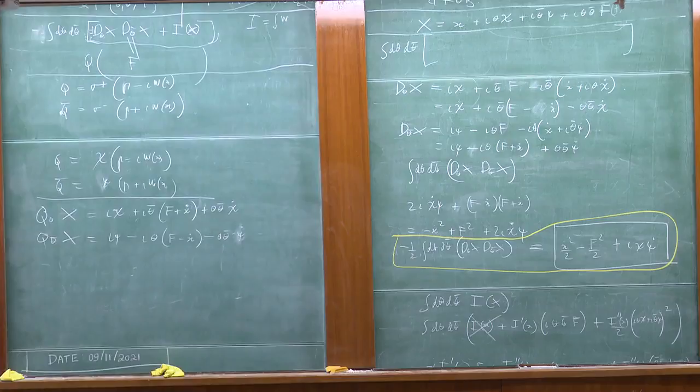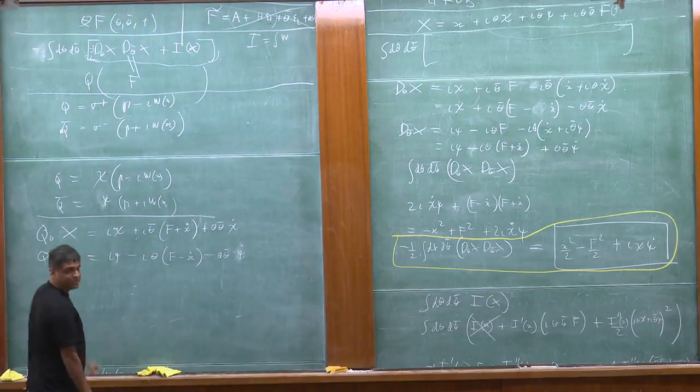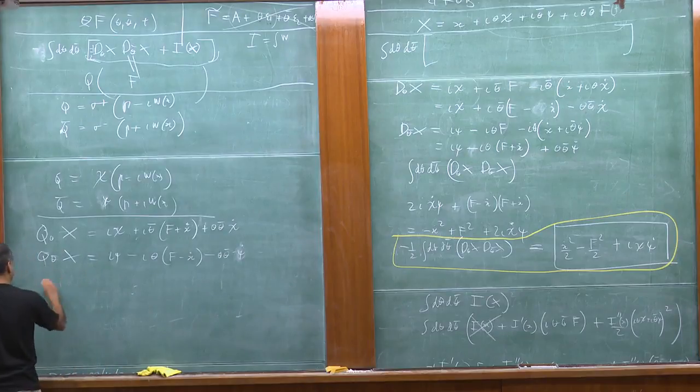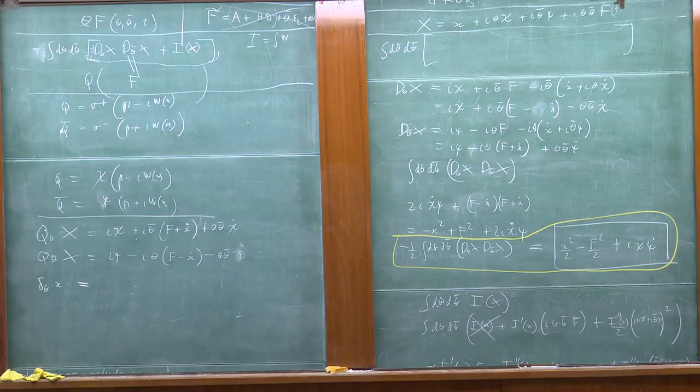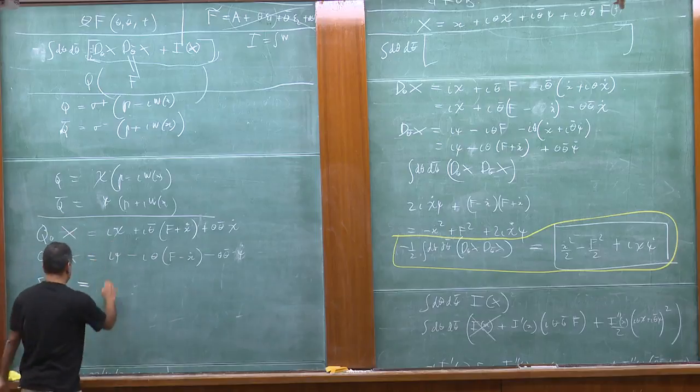Now let us read off from this the transformation properties of x. So what is q theta on x? Let me just call that delta theta of little x. Well, capital X started with an x, but here we have an I psi, I chi. So we get I chi.